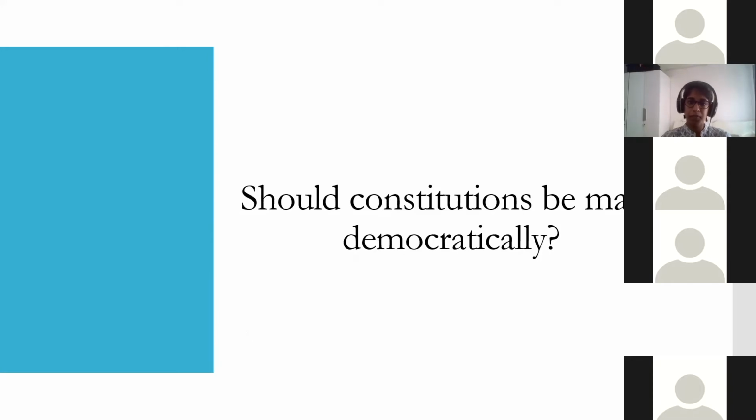A reason why constitutions must be made democratically is that it carries a veneer of legitimacy. It convinces people, or the ruling dispensation itself, that this is a constitution that has legitimacy. Legitimacy is attached to the exercise of power, lawmaking, and all the associated acts. That is one reason why constitutions must be made democratically.